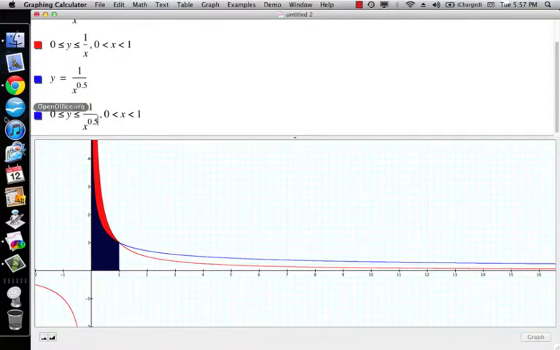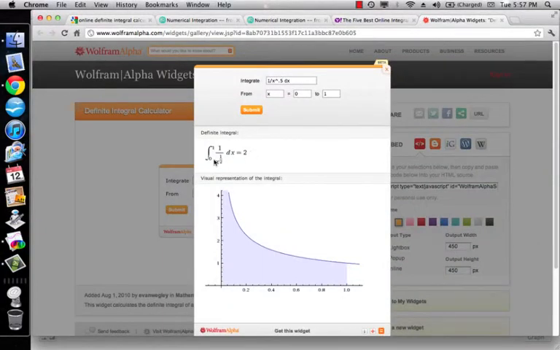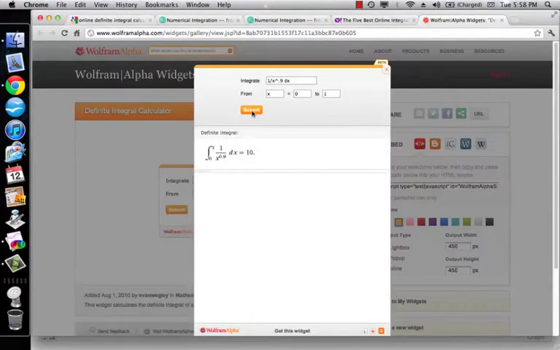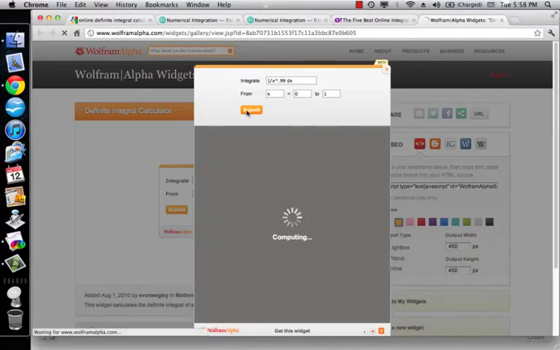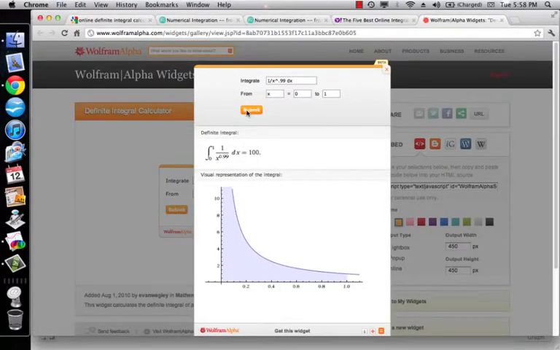Okay, so if I go back and start playing around with this, how about 1 over x to the 0.9? That's 10. How about 1 over x to the 0.99? That's 100.